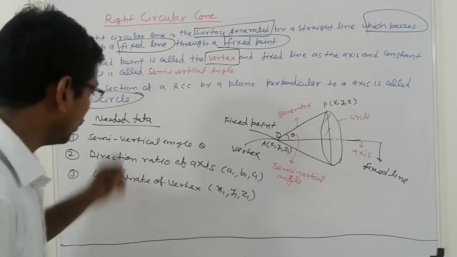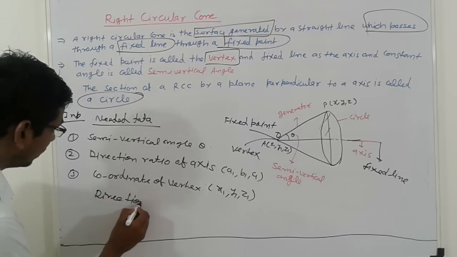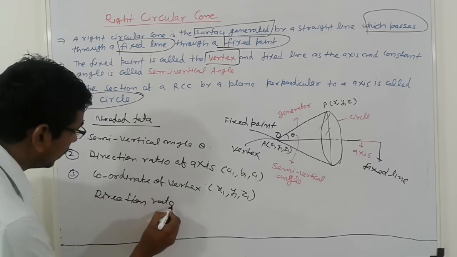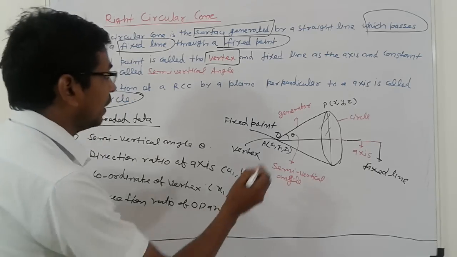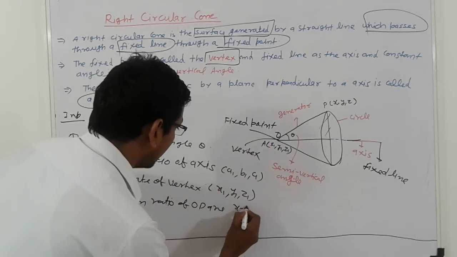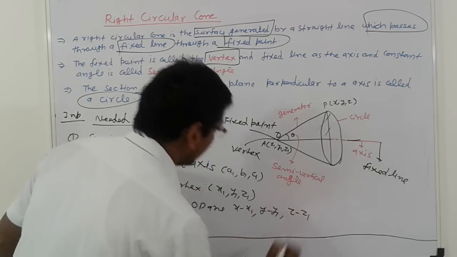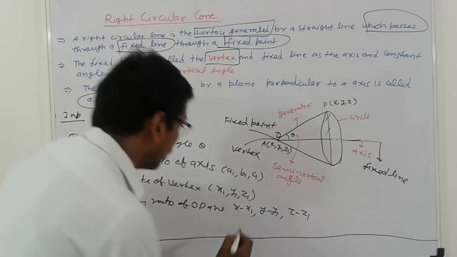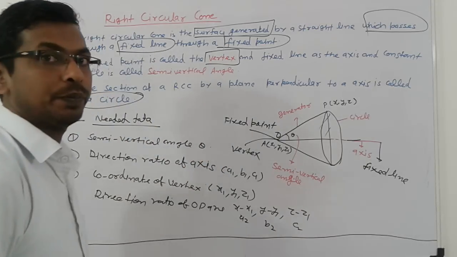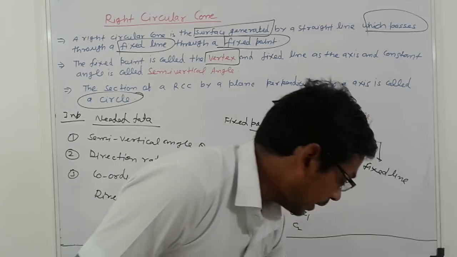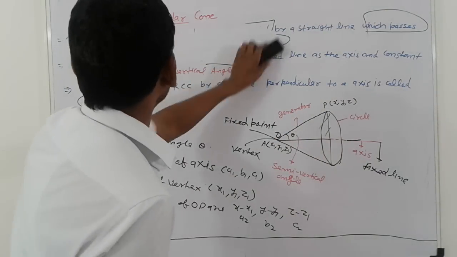So what is the direction ratio of OP? Take the difference: x minus x1, y minus y1, z minus z1. Suppose that is A2, B2 and C2. So what is the angle between them?